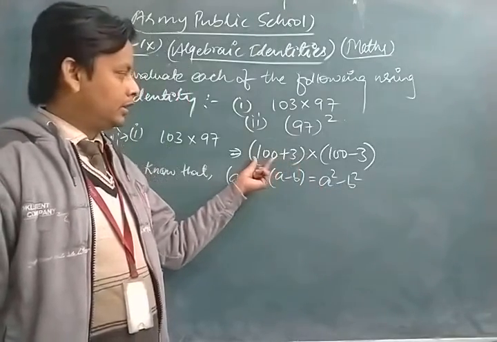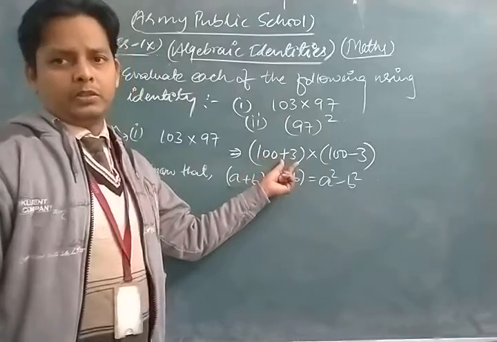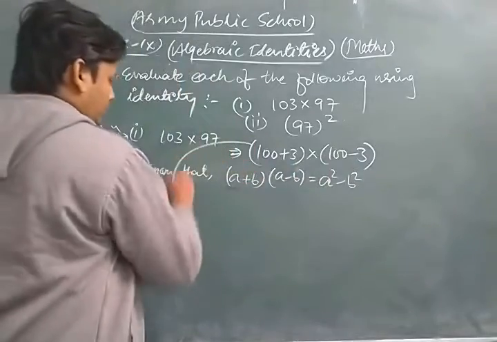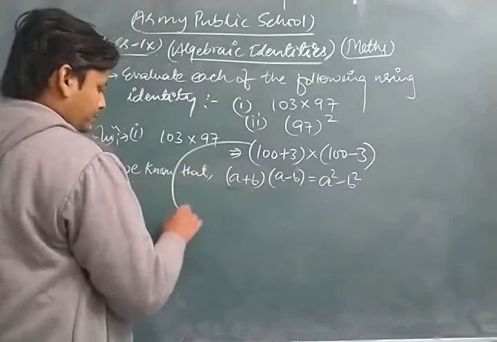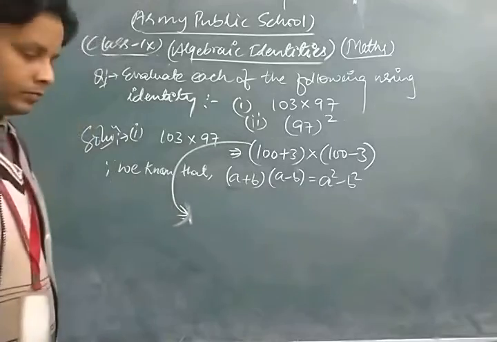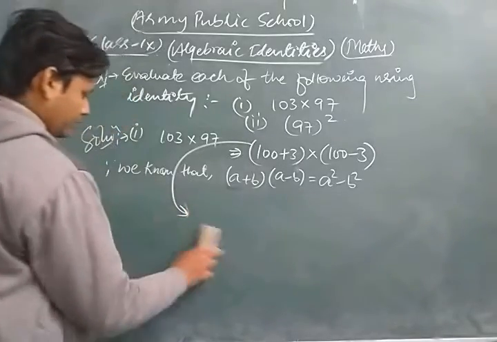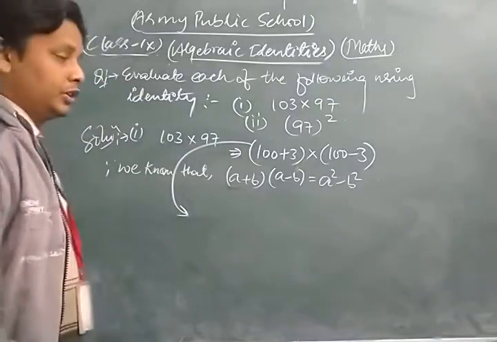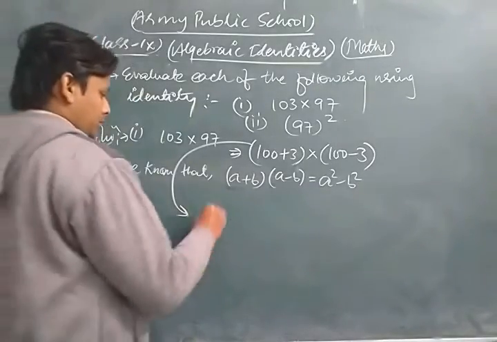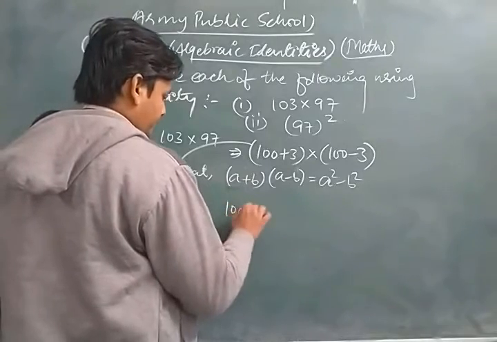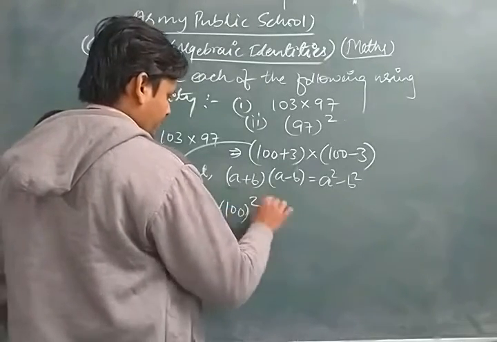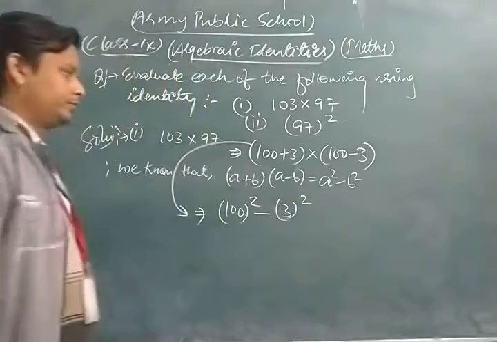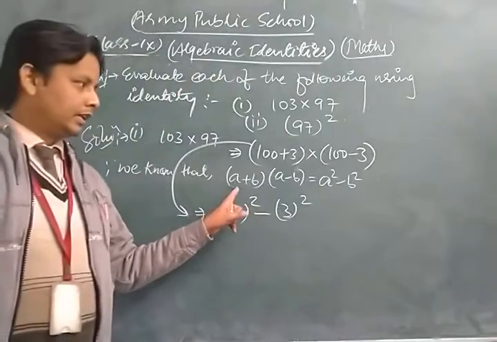So now look here, this is the form of a plus b into a minus b. So a plus b into a minus b, we can write a square minus b square. A square means what? Minus b square means 3 square.